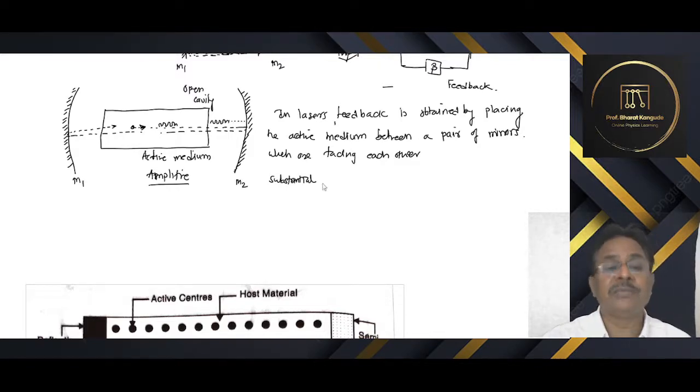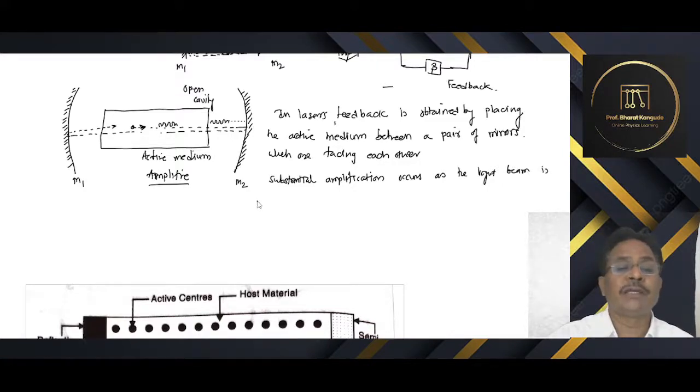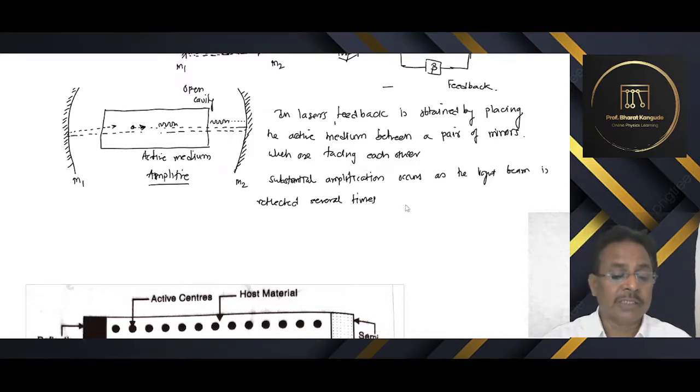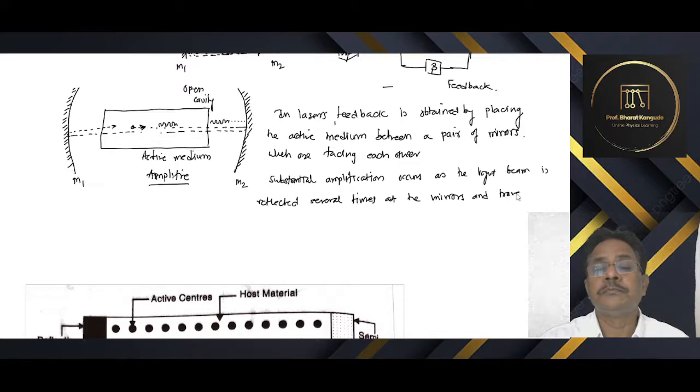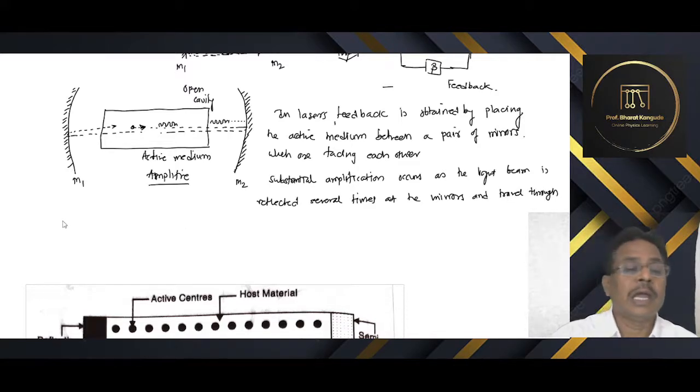Substantial means large. Substantial amplification occurs as the light beam is reflected several times at the mirrors and travels through the active medium, gaining strength in each passage.